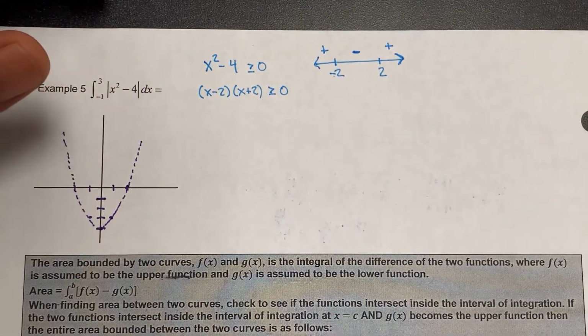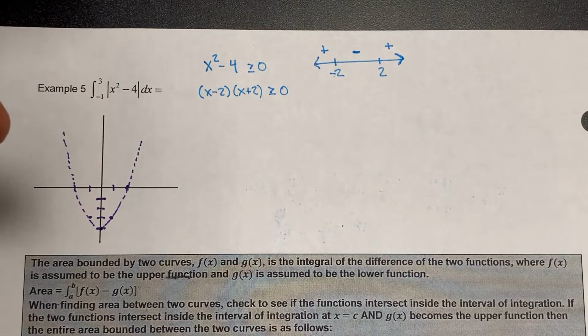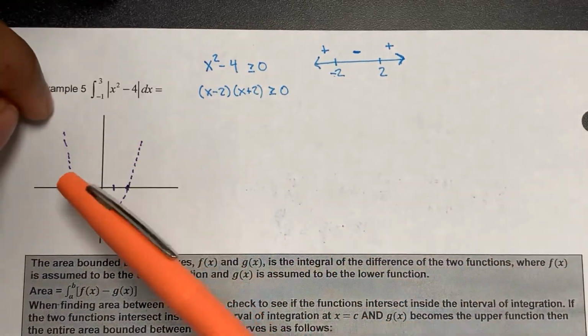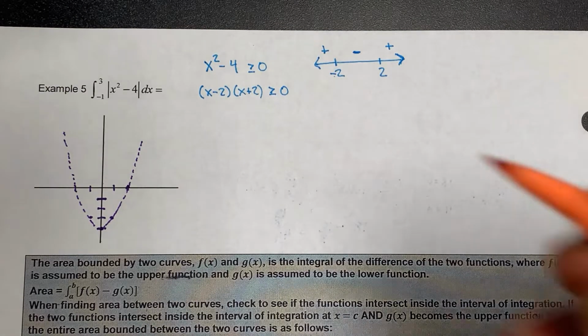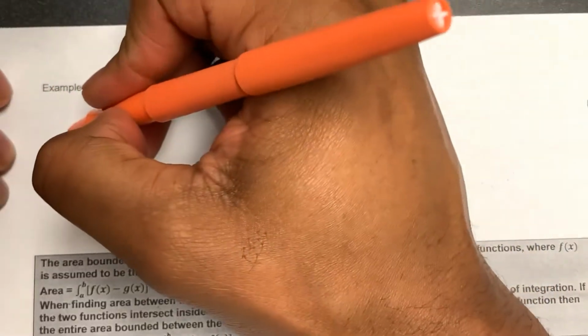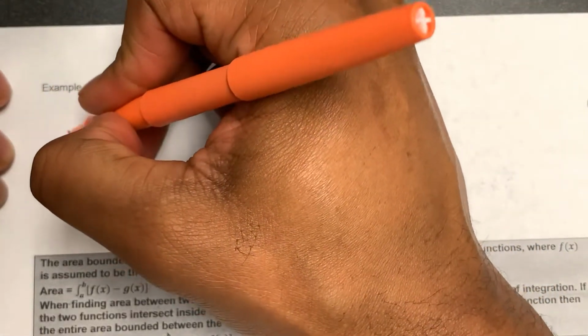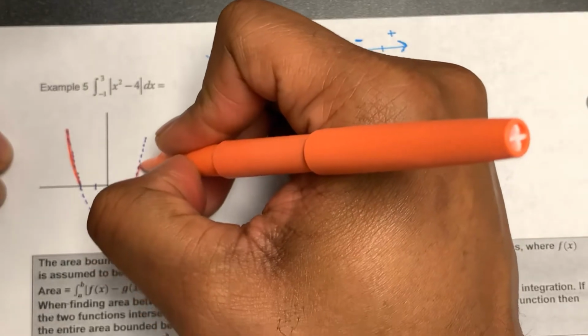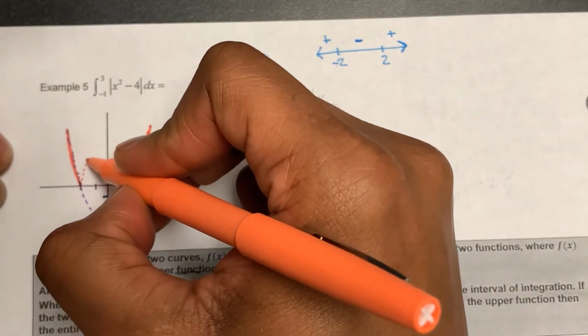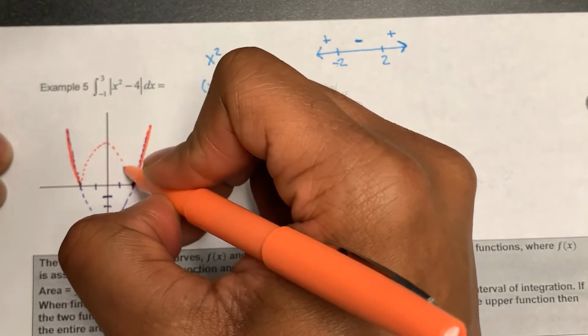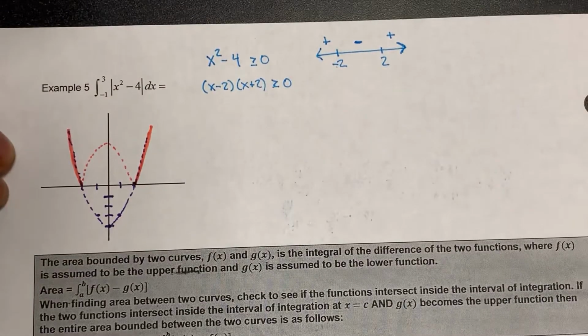So what the absolute value does is it takes this function and it takes the negative values and flips them over the x-axis. So the part that is above the x-axis is going to stay intact, but this other part is going to flip and do something like this.